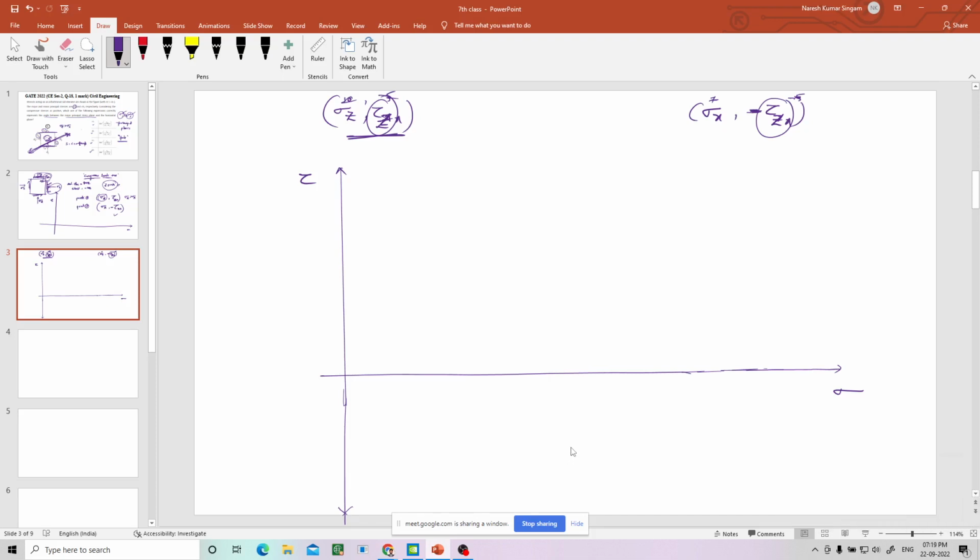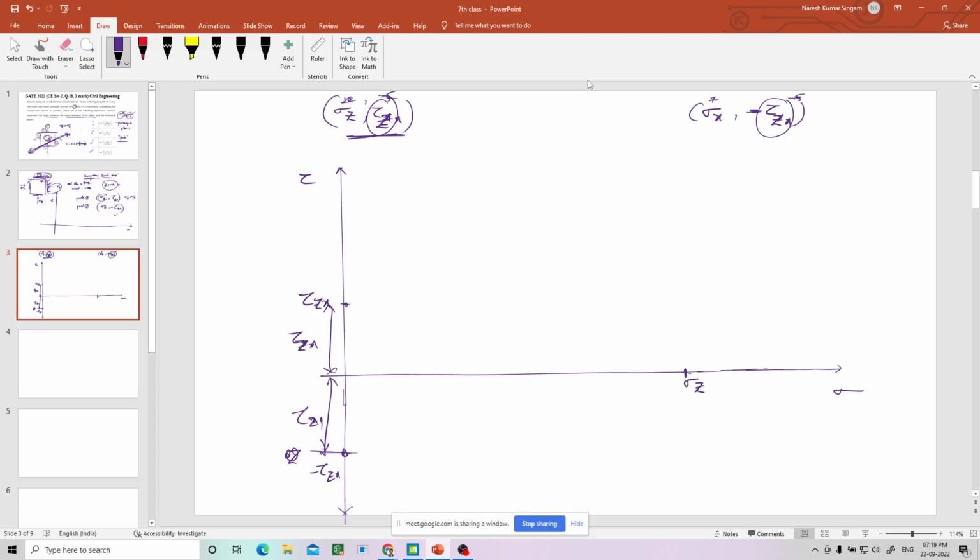Yeah, fine. So let's take these 2 points first, sigma z somewhere here, let us say. Now tau zx is the height somewhere here. This is the tau zx magnitude, and the bottom side is also the same. So this point is minus tau zx, this one is plus tau zx.